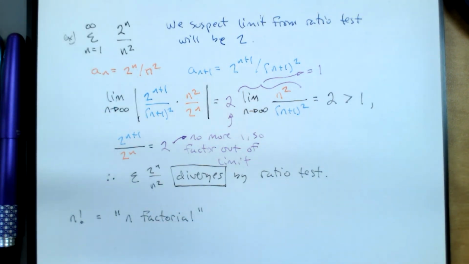So in the structure, we mean, we say n factorial, we write n with an exclamation point afterwards.